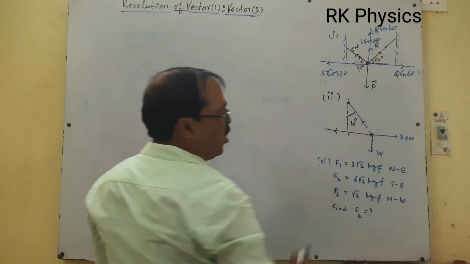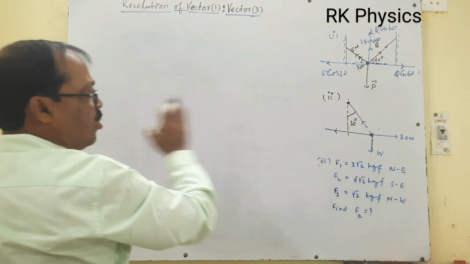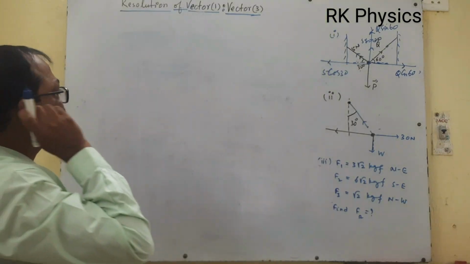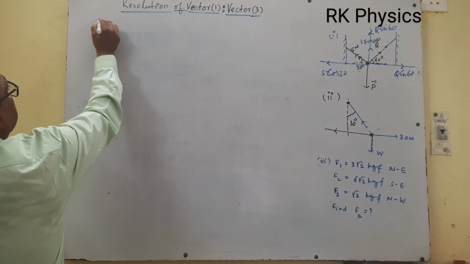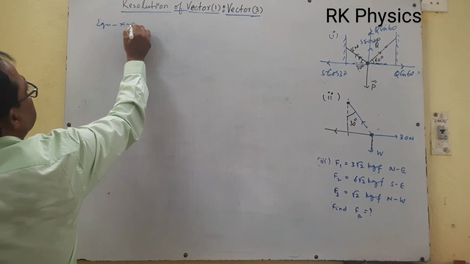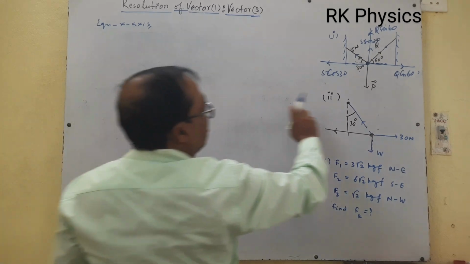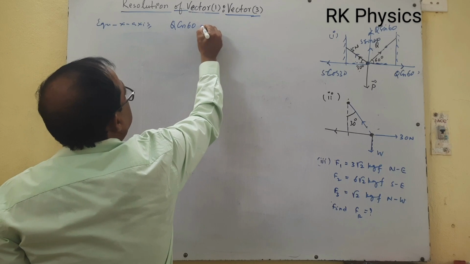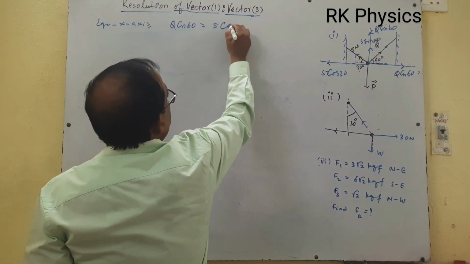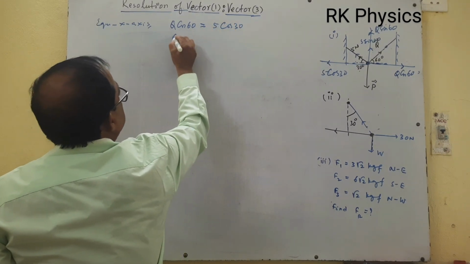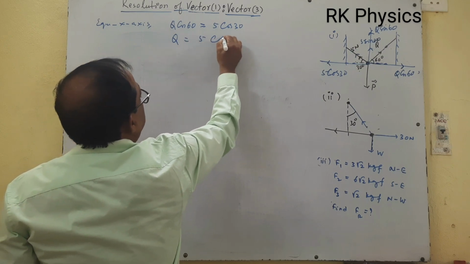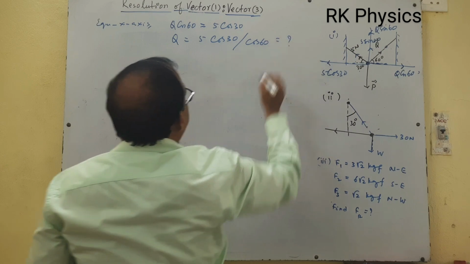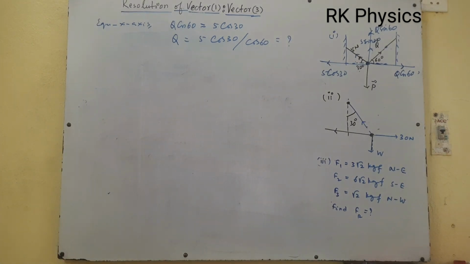Now the system is in equilibrium, meaning neither moving towards right nor towards left, neither moving up nor down. So using equilibrium along x-axis, you write Q cos 60 equals 5 cos 30. So from this Q equals 5 cos 30 divided by cos 60. So you can find out the value of cos 30 by cos 60.